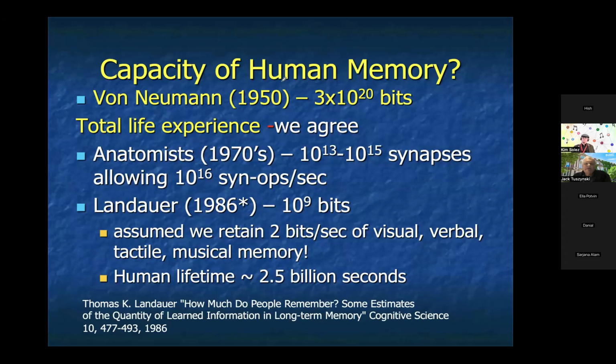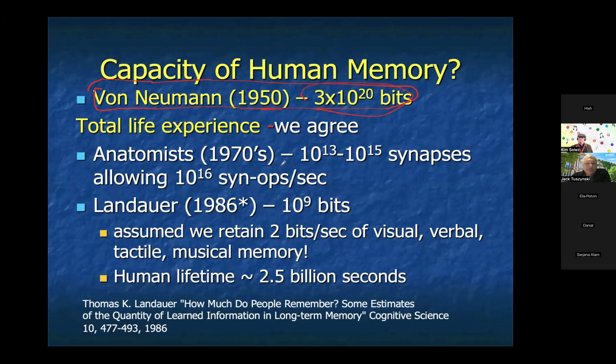Okay, and various people try to estimate this. What is the amount of memory the human brain can store? John von Neumann, one of the people I mentioned earlier as pioneers of quantum theory, also a pioneer of computer science, made probably the best estimate in 1950, 74, almost 5 years ago, 3 times 10 to the 20th, which is almost exactly the number that I'm going to propose to you.